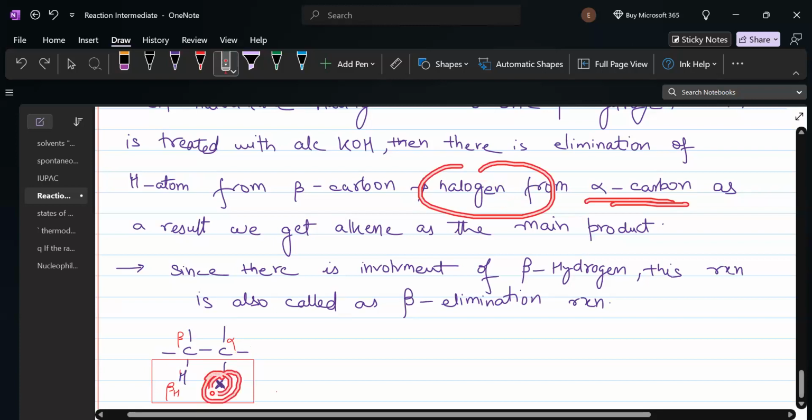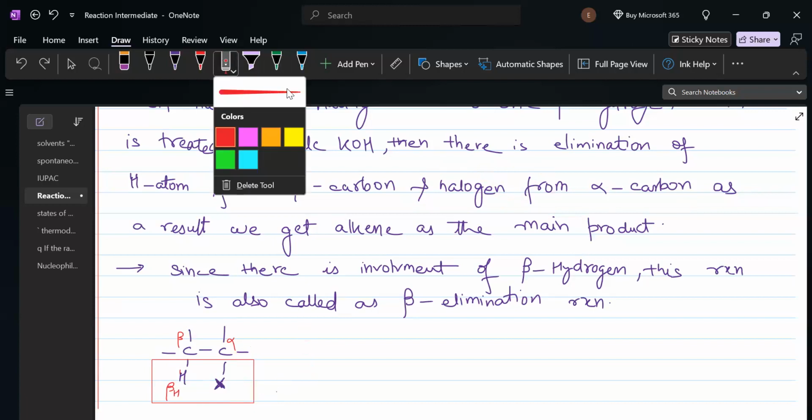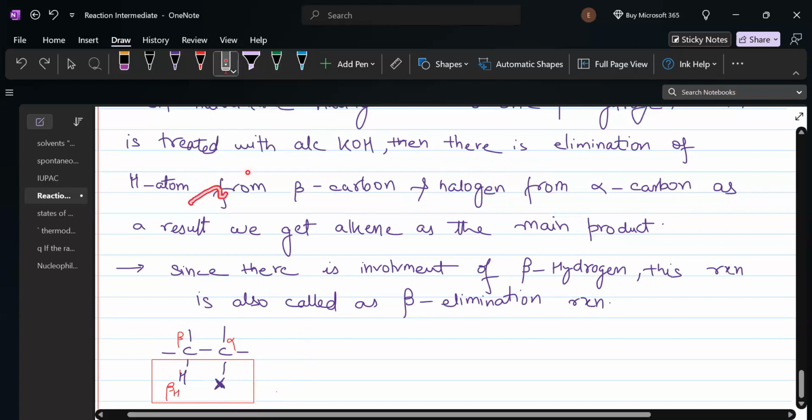This has been eliminated, right? Yes, sir. So we will get the alkene in the final product.